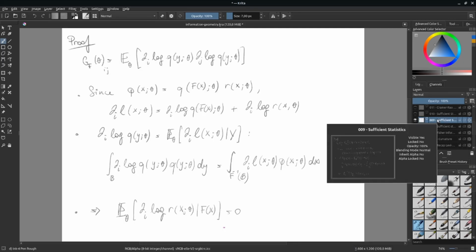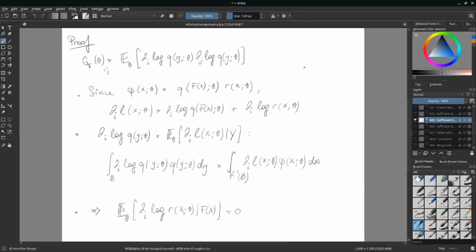So let's get into the proof for that. Again, we'll be a bit brief. We can write the Fisher information matrix for G_F as the following. And then since we can factor p as q times r, we can also factor the likelihood and express the log likelihood as the sum of log q plus log r.